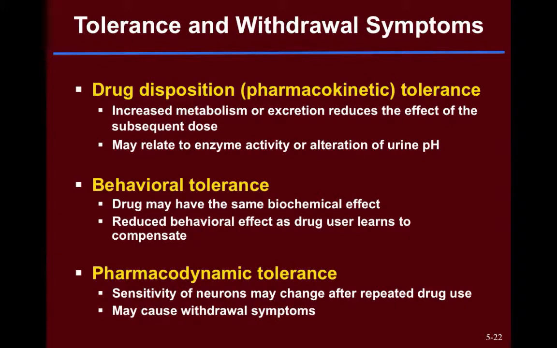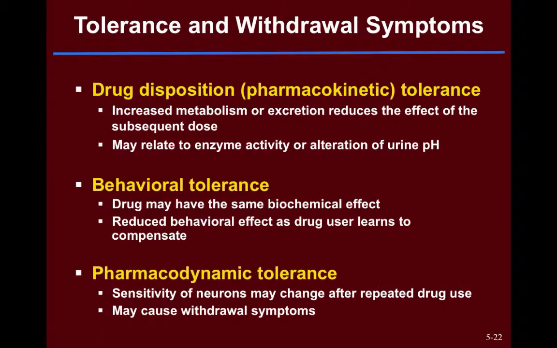So it's the same dose, and it may have the same biochemical effect on the body, but it may have an actual reduced behavioral effect. So the experienced user might be more likely to drive safely. You can see how that can lead to some very complicated regulatory processes. We try to figure out, with the trend toward legalizing marijuana, what an actual safe level of consumption might look like there. So that's what behavioral tolerance would look like.